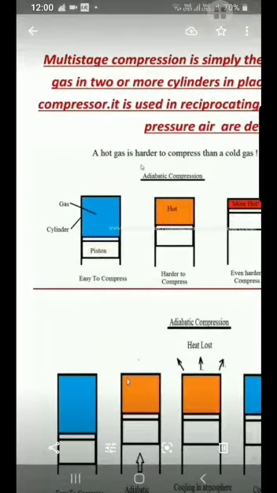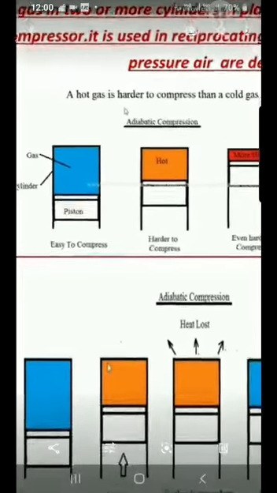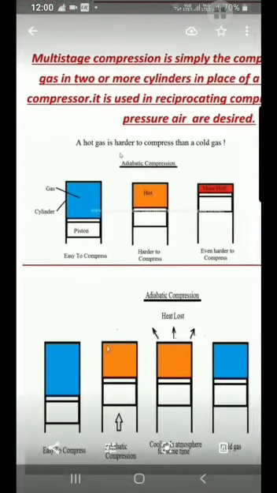Here I am showing you an example of a reciprocating air compressor. There is a piston cylinder arrangement, and the piston moves from TDC to BDC and BDC to TDC. At the suction stroke, when the piston moves from TDC to BDC, cold air enters into the cylinder and this cold air gets compressed.